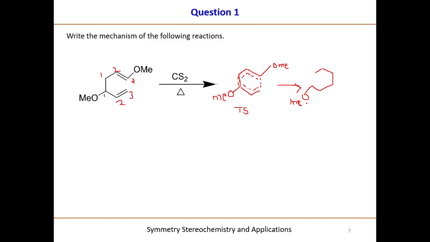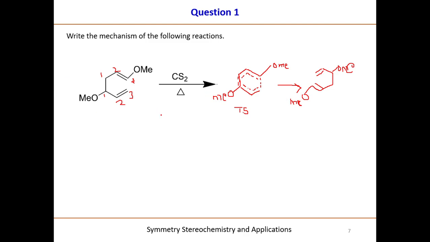Correct? Here we have the OMe group. And bond formation will take place between 1, 2 and 1, 2. So this is the new diene product, which we get after the 3,3 sigmatropic shift of the corresponding diene.